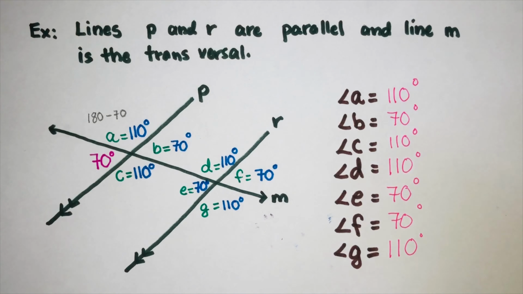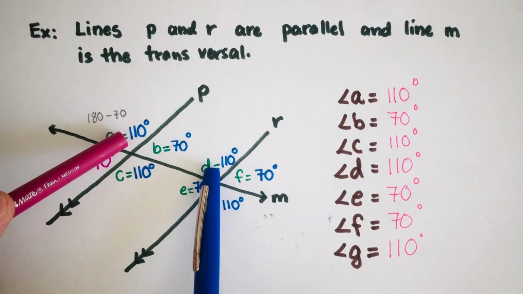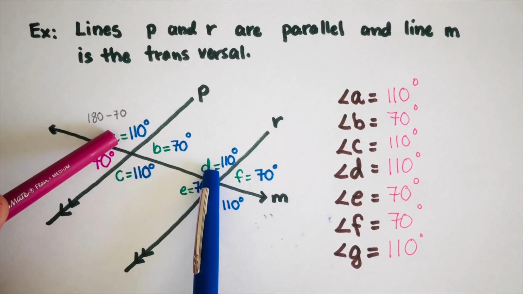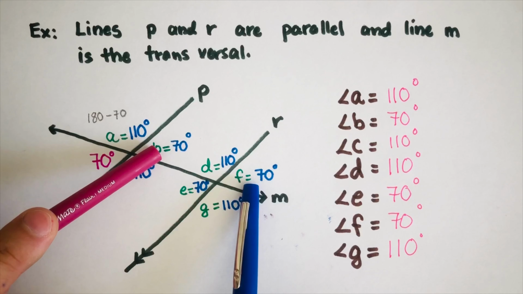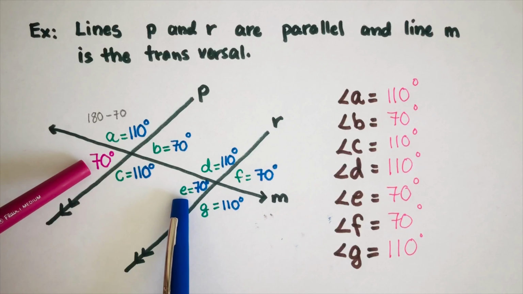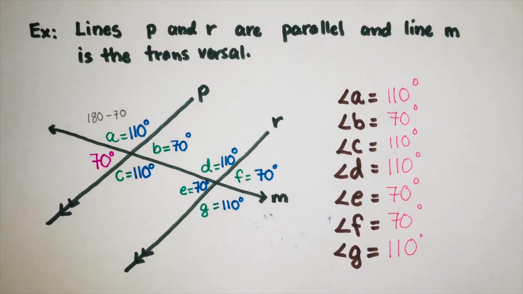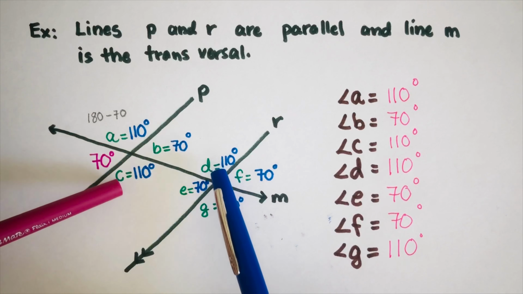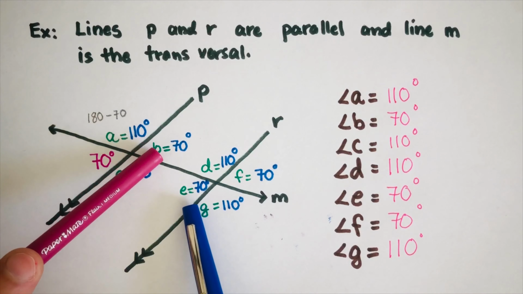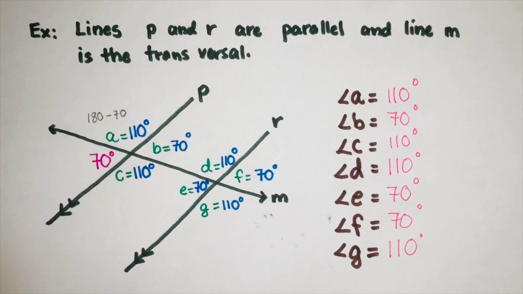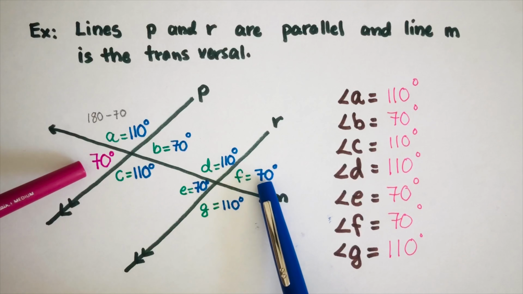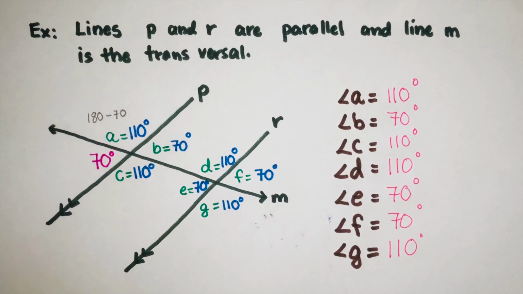If we check, corresponding angles are equal. A and D are equal, B and F are congruent, 70 and 70, C and G are also congruent. Alternate interior, C and D are equal, B and E are equal. Alternate exterior, both of these are 70 and both of these are 110.